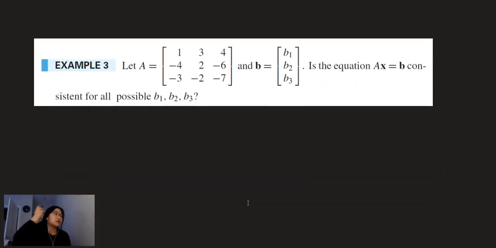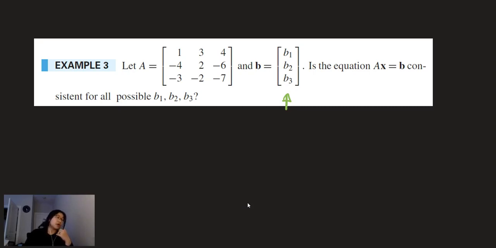So, how can we figure out, for example 3, if we have this matrix A and this vector B, whether the equation Ax equals B is consistent for all the possible values of B1, B2, and B3?